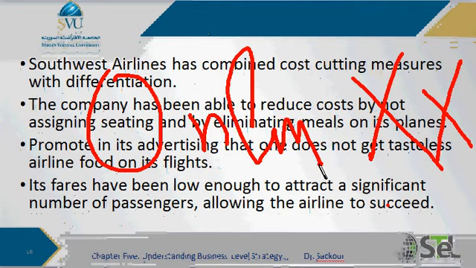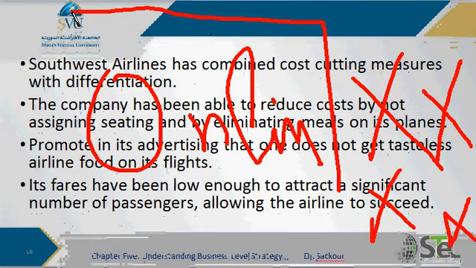So they reduce this cost. No extra office and employees for ticketing. They have a system of online ticketing, and that's it. No more offices worldwide, and no more employees and staff costing them a lot.